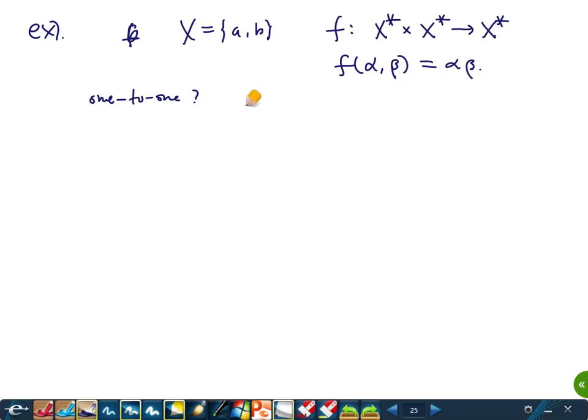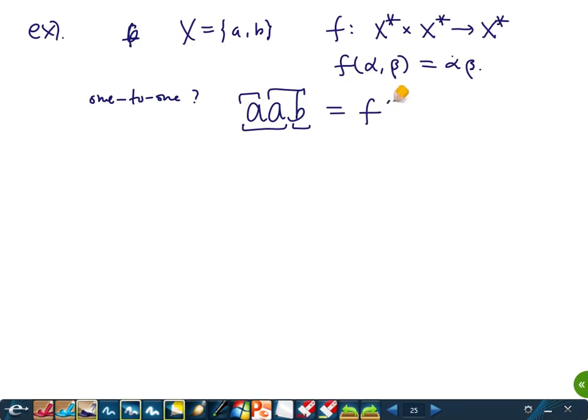One-to-one means: can you make the same string in different ways by finding two different pairs alpha, beta? Yes. How? Just give me an example. Like AAB. This can be obtained by concatenating AA and B, and also A and AB, right?